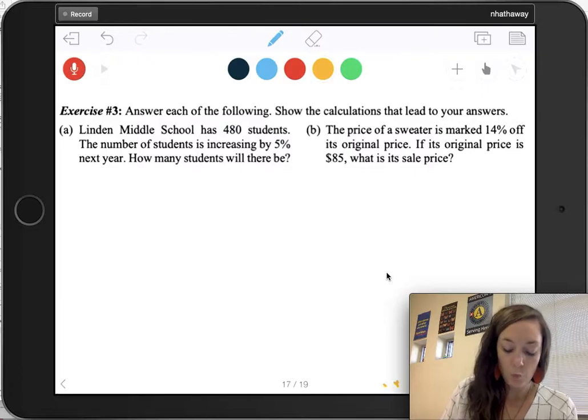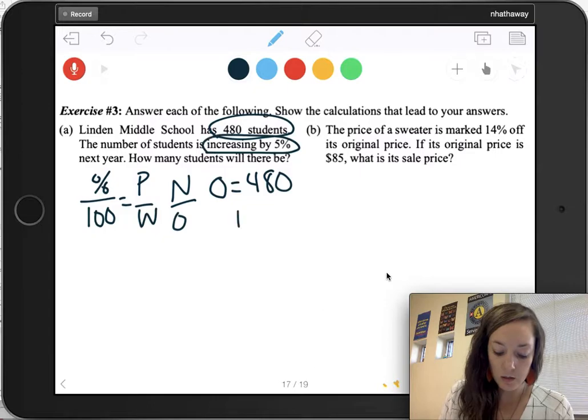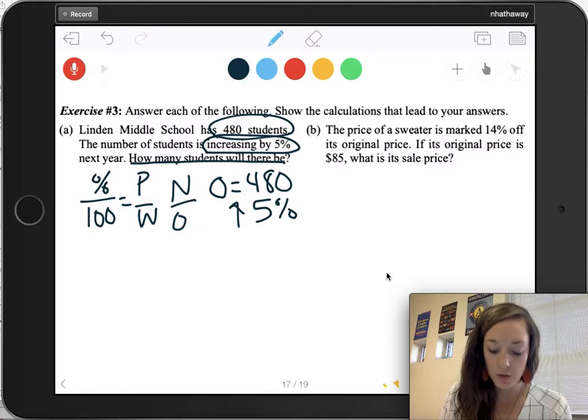Well, we know we're going to write a proportion: percent over 100 is equal to part over whole, or new over original. Let's write down what we know. We have 480 students, that is the original amount, and it is increasing 5%. And we want to know how many students there will be next year.